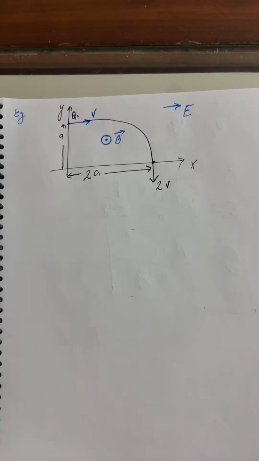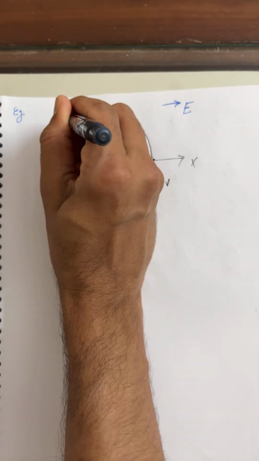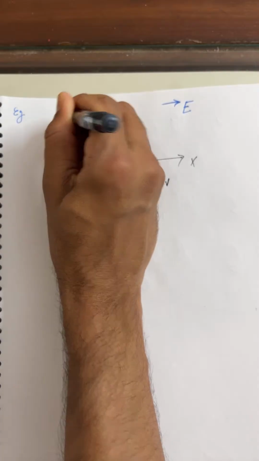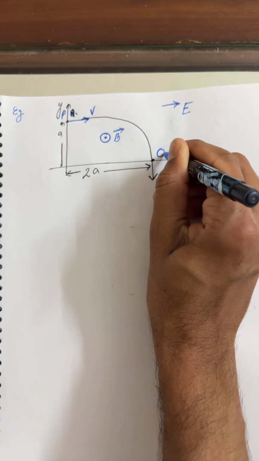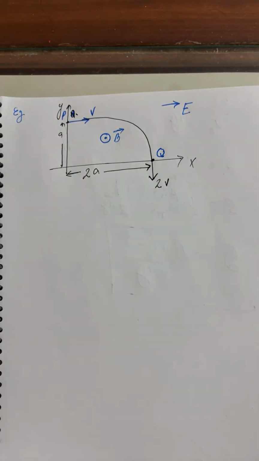A charge +q of mass m is in a uniform electric field and magnetic field. The particle enters the region at a point P and exits at a point Q. The particle enters the region at point P with speed V and leaves at point Q with speed 2V.